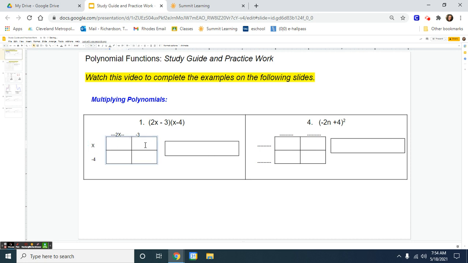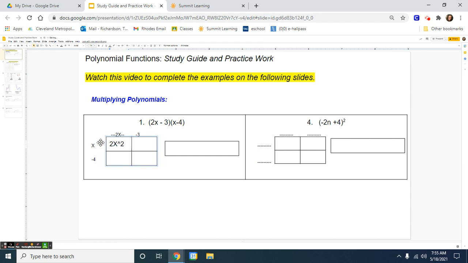Next, we need to fill out these 4 boxes. Remember, before we were given the 4 boxes, and then we found these missing lines. So we're just kind of working backwards, right? So to fill out this first box, you need to look at, what if you multiply 2x and x? What would that give you? Well, 2x and x will give you 2, and then x times x is x squared.